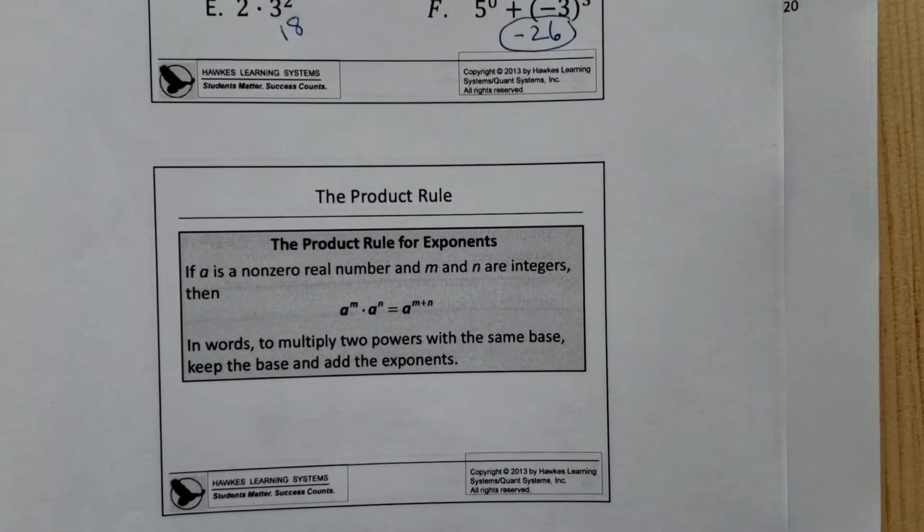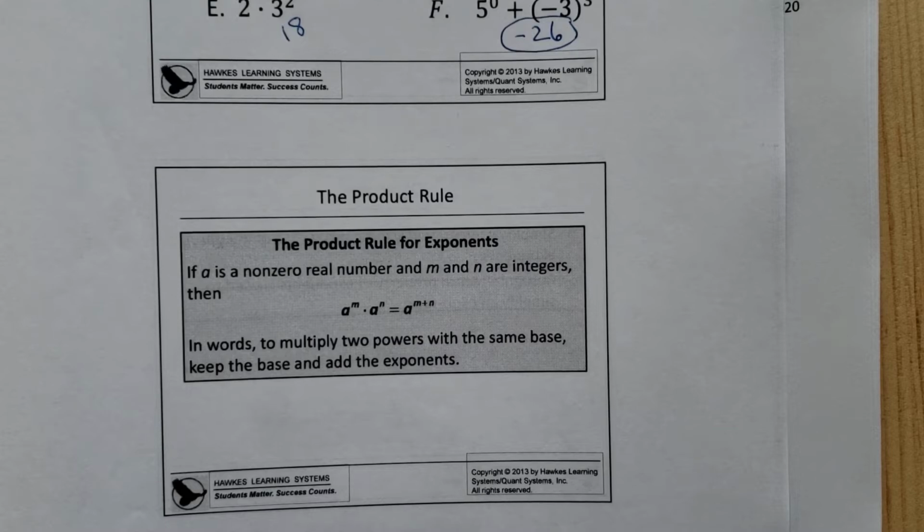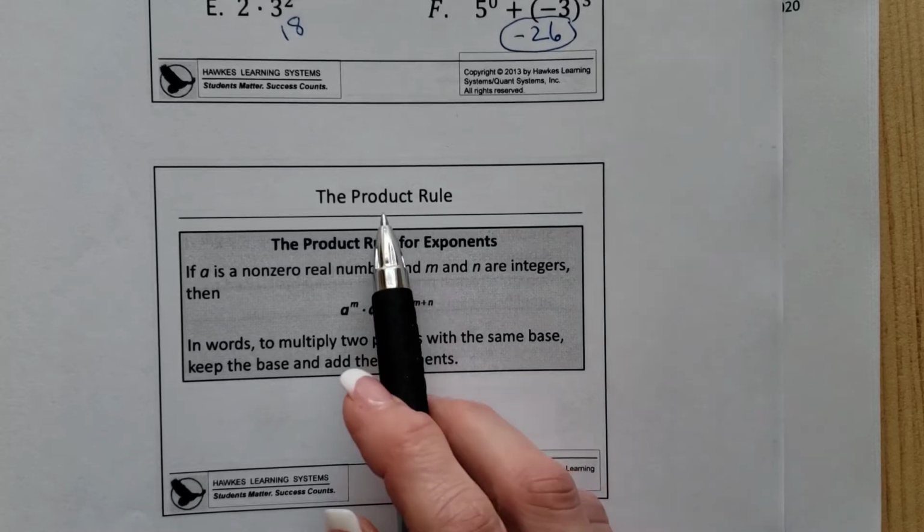Now, the very first page of your notes is basically all of the exponent rules we'll be talking about. So I sent that to you so you could print it, you could keep it, you could look at the examples. But basically, the first thing we're going to start off with is the product rule.